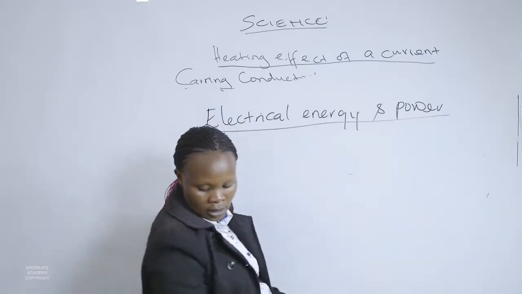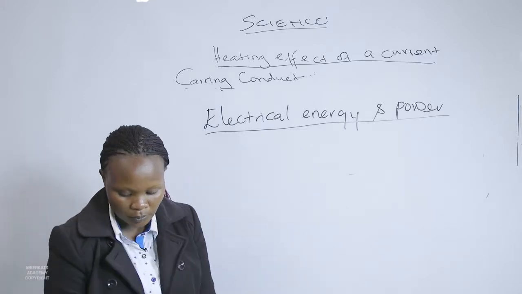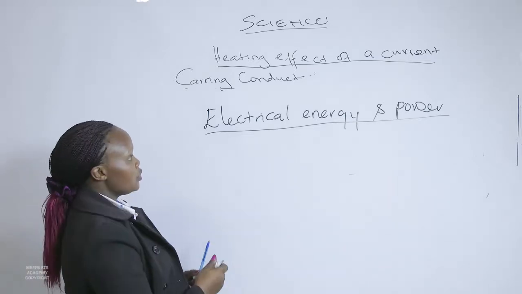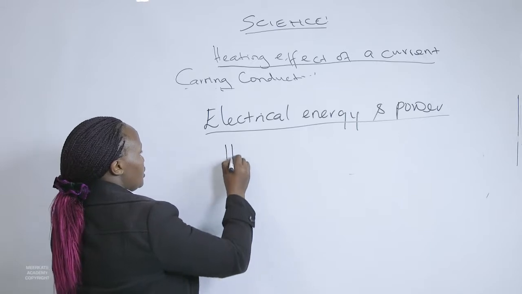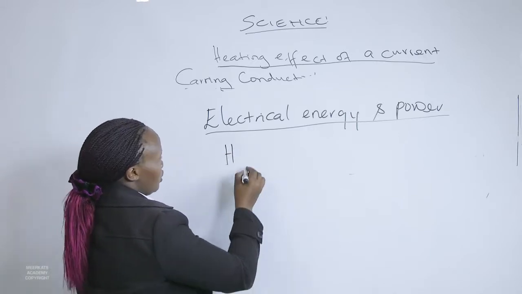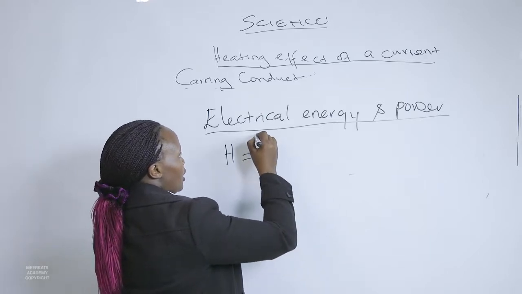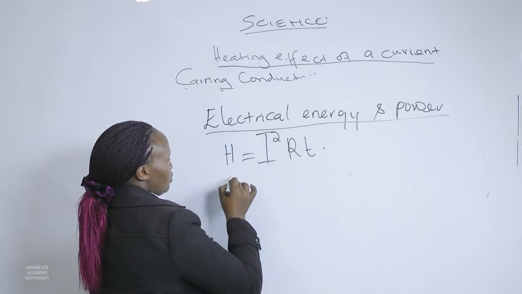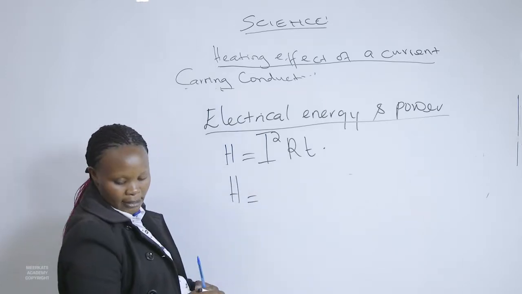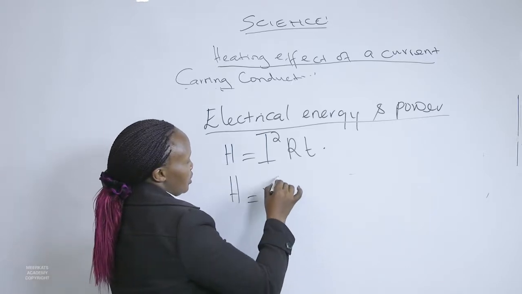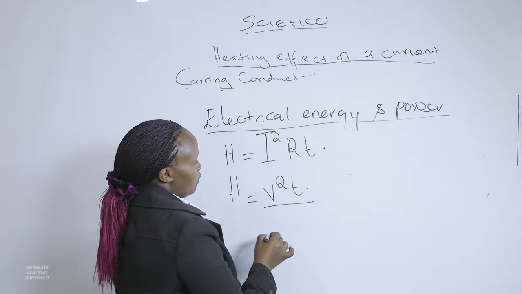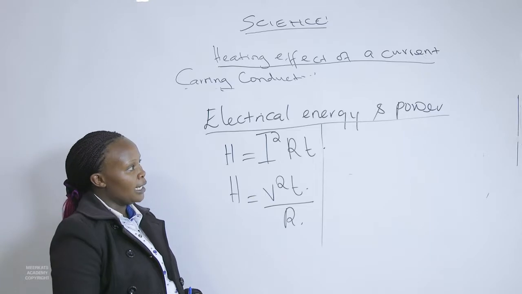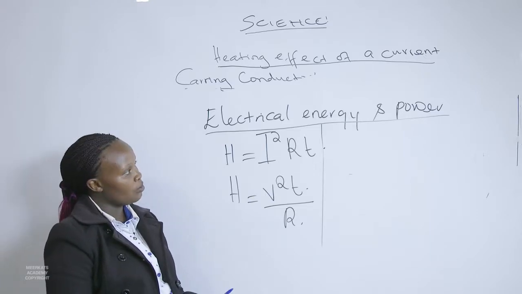You recall that we have had two expressions, heat, or what we are calling the energy, as I squared RT. We have also gotten another one as V squared T over R. Now we want to move from these two and come up with expressions of power.